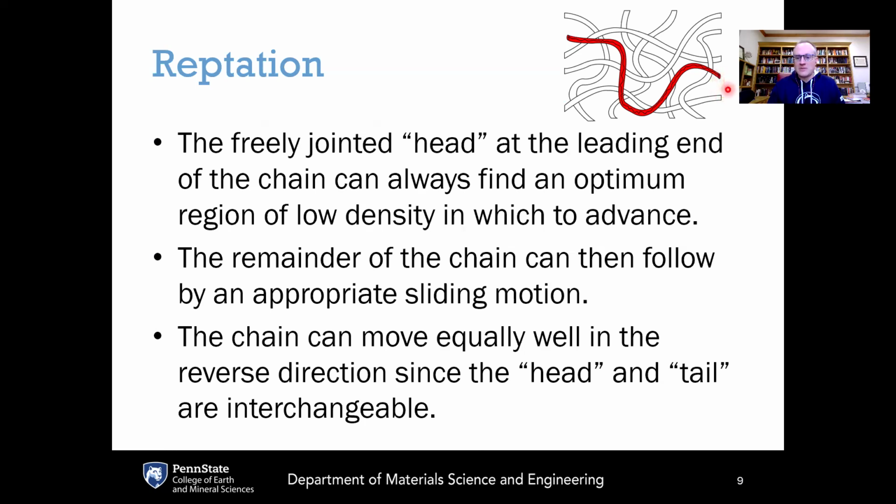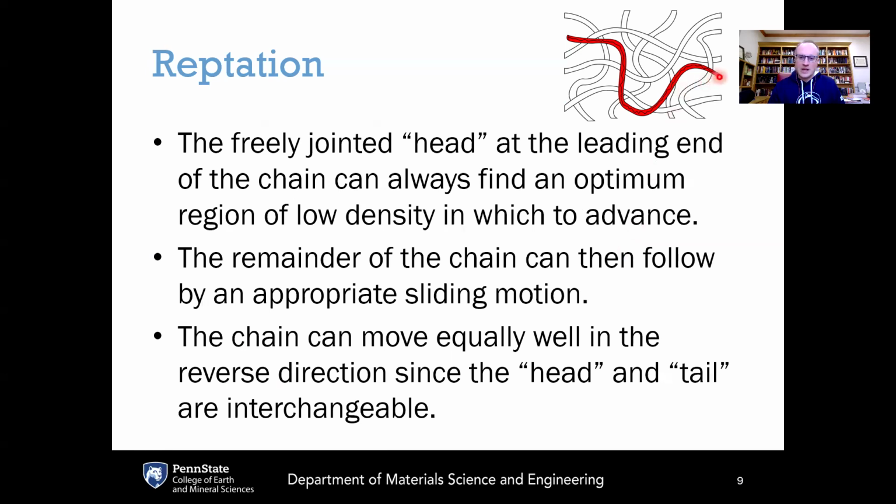And as the head advances, it is pulling the entire chain behind it, and that chain is moving along the axis of the polymer chain that it is occupying anyway. So the remainder of this chain is then following by an appropriate sliding motion. The chain can move equally well in the reverse direction as well, since the head and the tail are interchangeable.